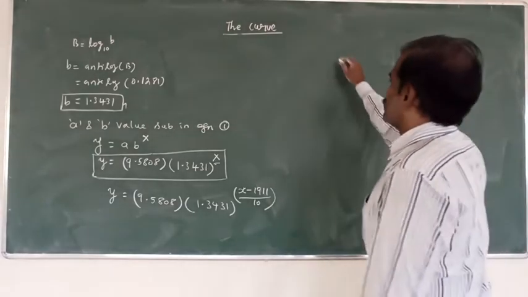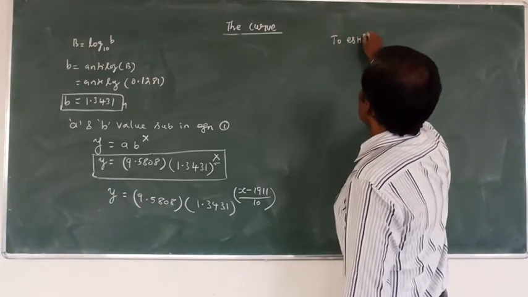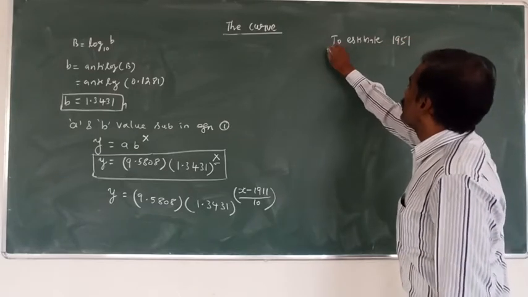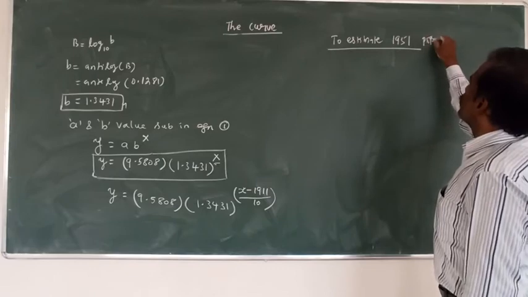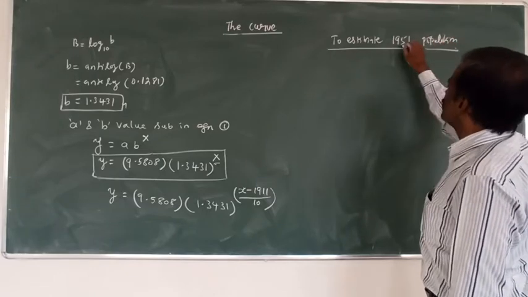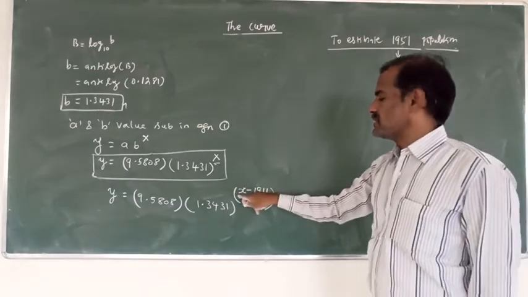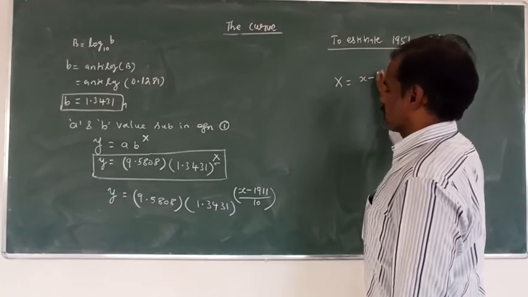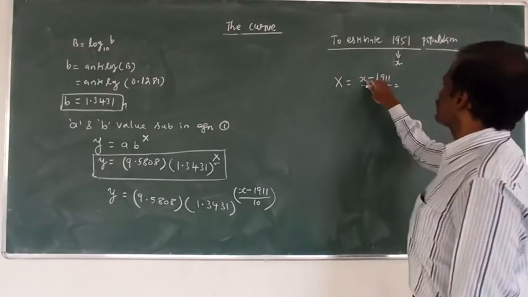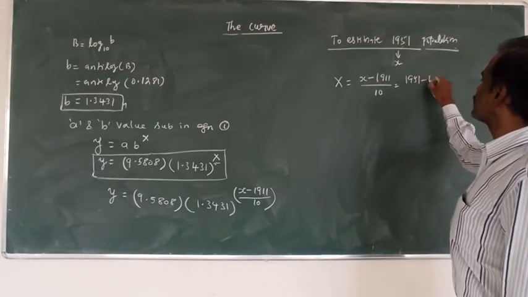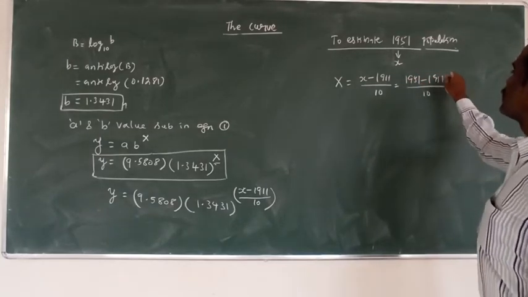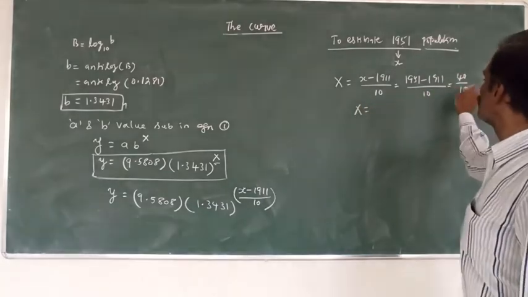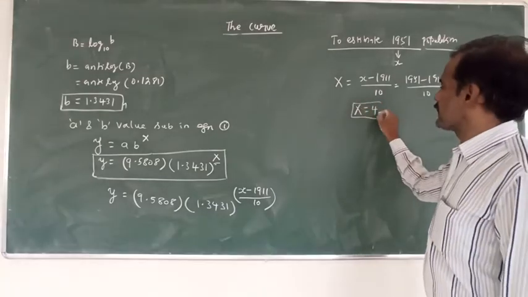Then the question is given to estimate the population in the year 1951. This is for x. Now to substitute x here, capital X is equal to x minus 1911 divided by 10. Here the x value 1951 minus 1911 divided by 10. Now to subtract these two, 40 divided by 10. Now capital X is equal to 4. Okay.